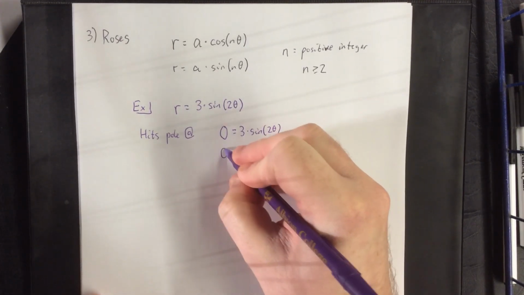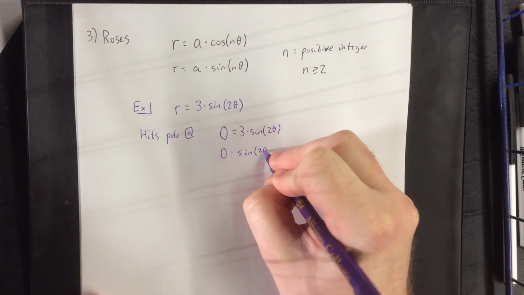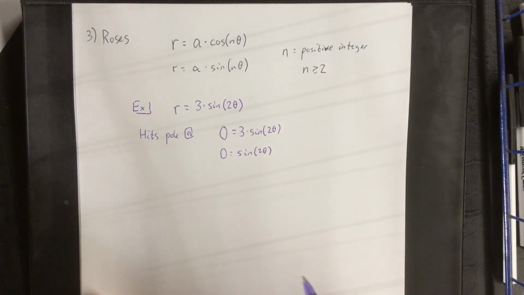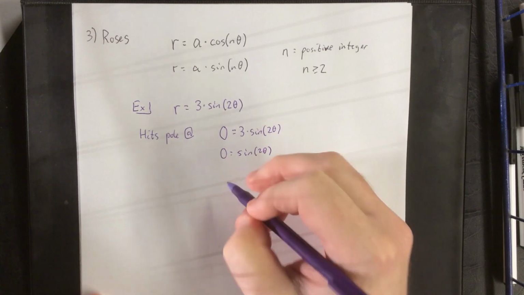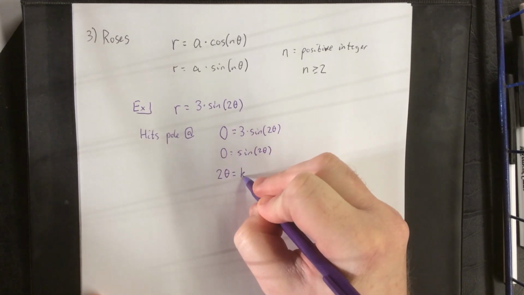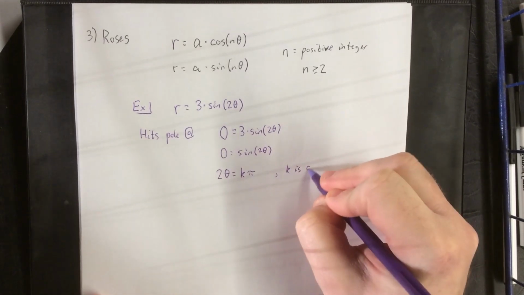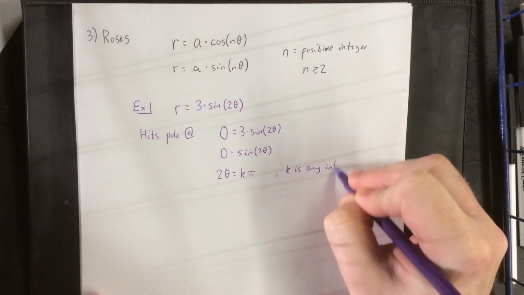Divide 3 on both sides, and we find out that the 3 isn't really a relevant thing. So sine is equal to 0 every time we're at an integer multiple of pi. So we'll call that k pi, where k is any integer.